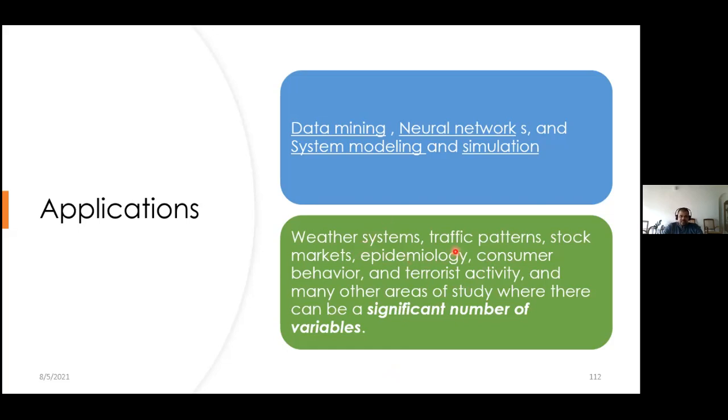So some of the things that I mentioned here, like terrorist activity monitoring and the predictive tools that you can use to ensure security, traffic patterns, stock markets, weather, and consumer behavior is a massive thing. I mean, consumer behavior is the first one to do this actually, in terms of data mining.